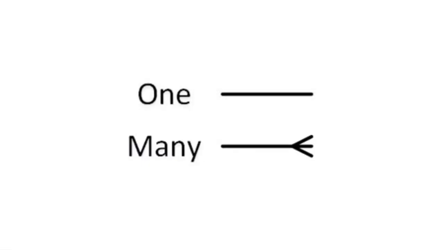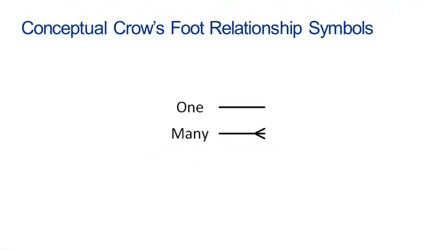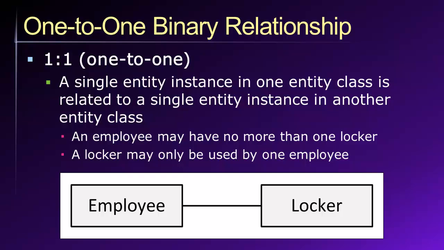Let's see how these conceptual crow's foot relationship symbols might be implemented to describe relationships between entities with a little more detail. To begin, we can consider a conceptual 1-to-1 binary relationship. In a 1-to-1 relationship, an instance of one entity is related to one instance of another entity.